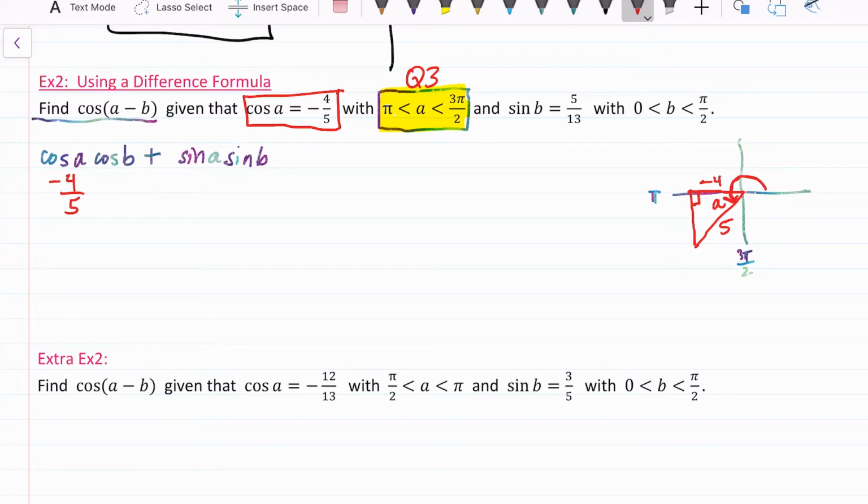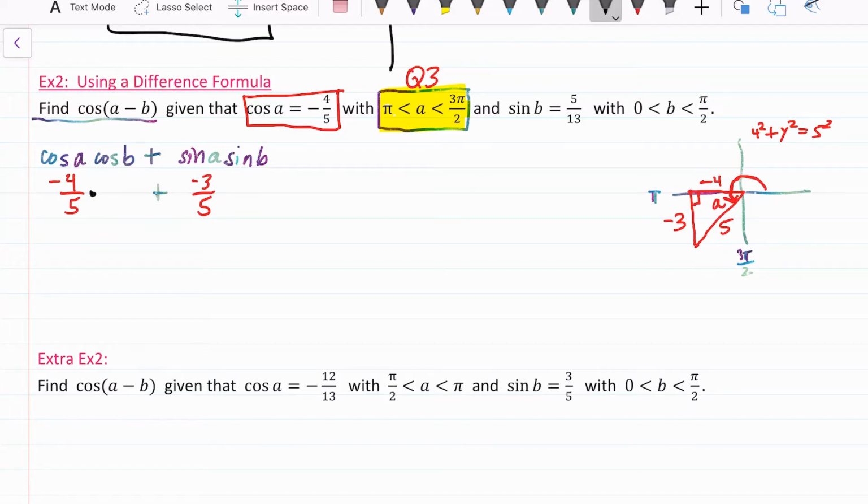Because this is a right triangle, you should know that the y value is negative 3, because it's a 3, 4, 5. You can also do the Pythagorean theorem, 4 squared plus y squared equals 5 squared, and that's negative 3. They're both negative. In the actual triangle, it's 3, 4, 5, but you get the idea. So since sine is y over r, sine of A is negative 3/5, and I'm going to go ahead and put that into the formula as well.